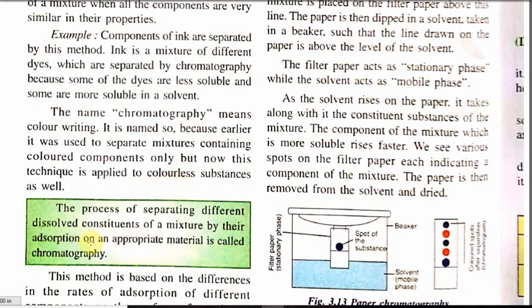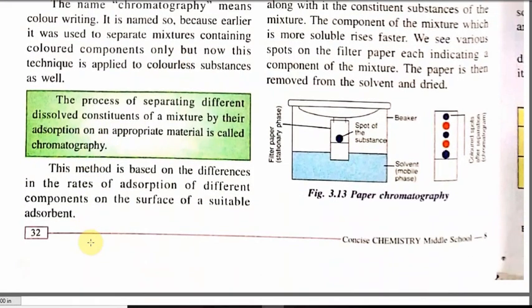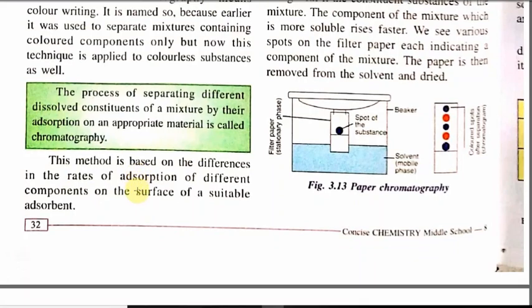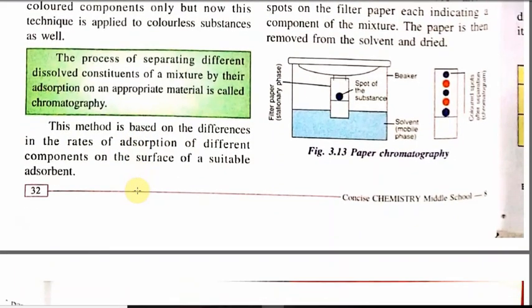You can see the definition of chromatography: the process of separating different dissolved constituents of a mixture by their adsorption on appropriate material is called chromatography. This method is based on the phenomenon that different colors have different rates of absorption on different components. So students, this is also a very useful method.